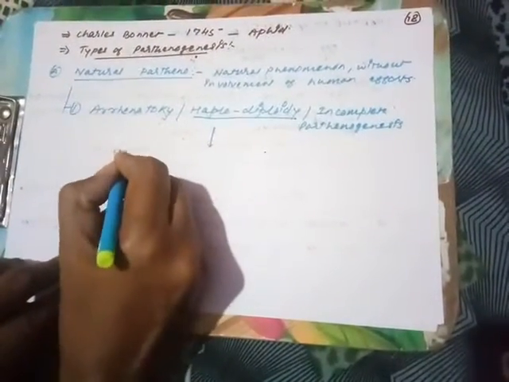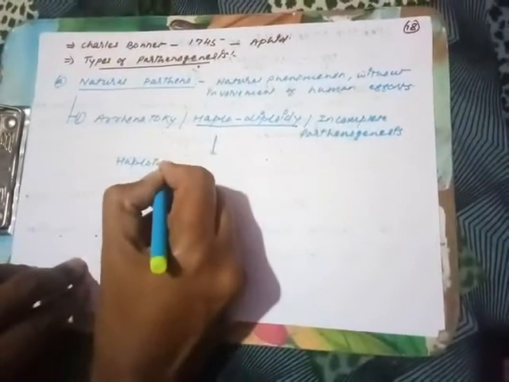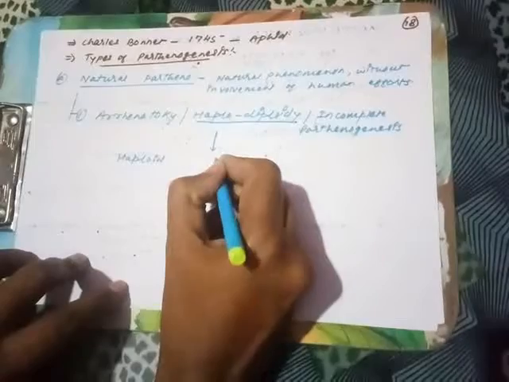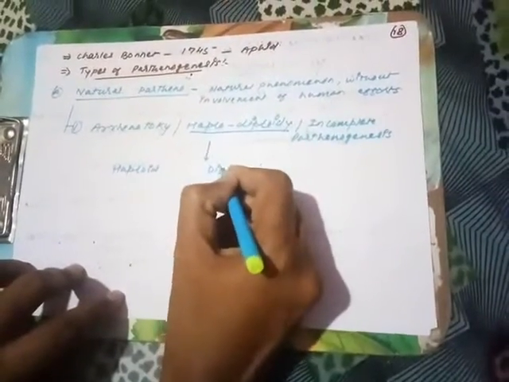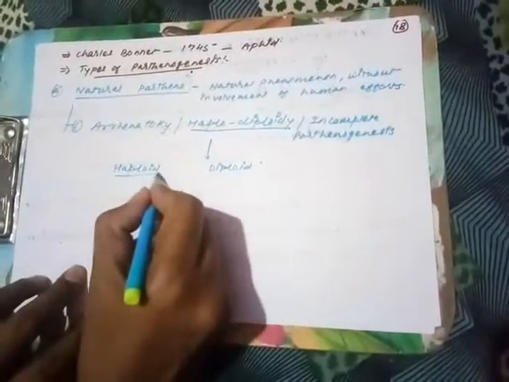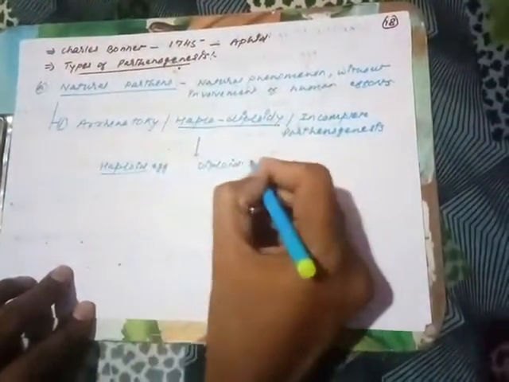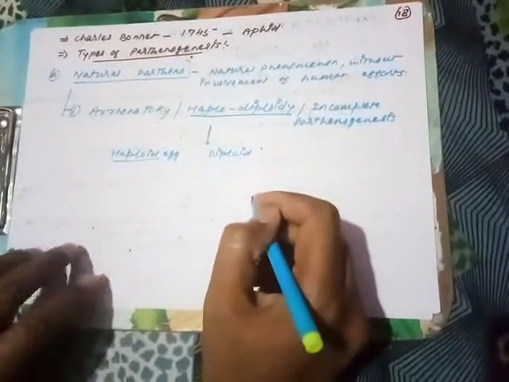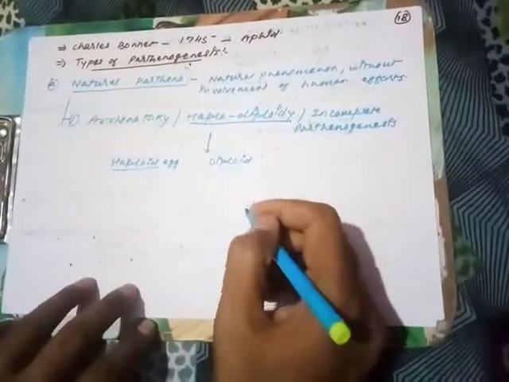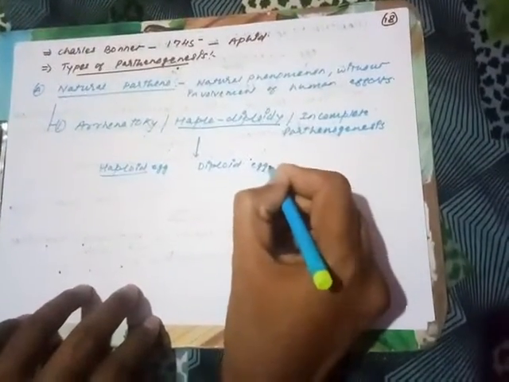Two words are there. One is haplo, the short form of haploid, and the second is diplo, the short form of diploid. Now we are going to use the word egg, since we have already seen that parthenogenesis is the conversion of an egg into an embryo or seed. So haploid egg and diploid egg.